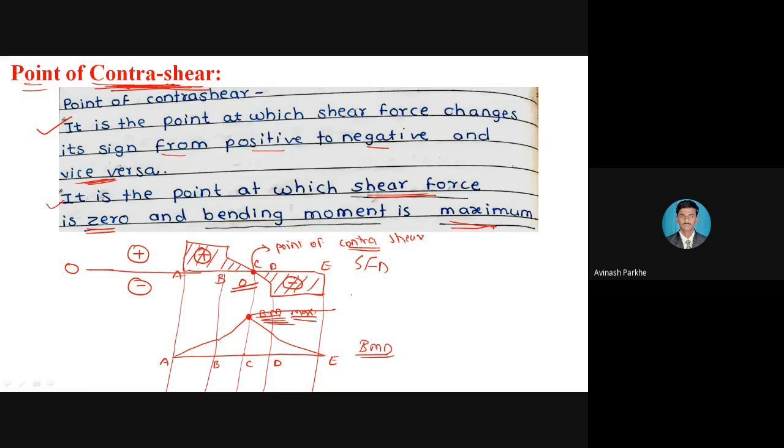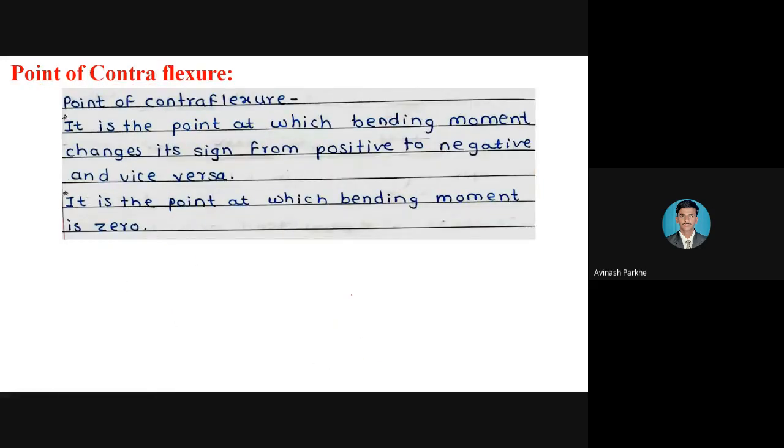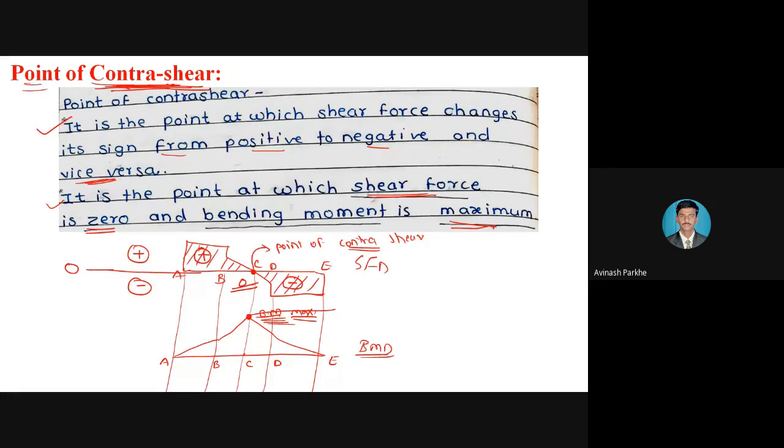This is the point of contra shear. जिथं तुमचा शियर फोर्स पॉझिटिव्ह टू निगेटिव्ह और निगेटिव्ह टू पॉझिटिव्ह चेंज होते, किंवा त्या पॉइंटला शियर फोर्स झिरो असतो आणि बेंडिंग मोमेंट मॅक्सिमम असतो, तर त्या पॉइंटला आपण काय म्हणतो, पॉइंट ऑफ कॉन्ट्रा शियर. And exactly opposite, point of contraflexure. Exactly opposite, it is the point at which bending moment changes its sign from positive to negative. In a point of contra shear, the shear force changes sign from positive to negative and from negative to positive.